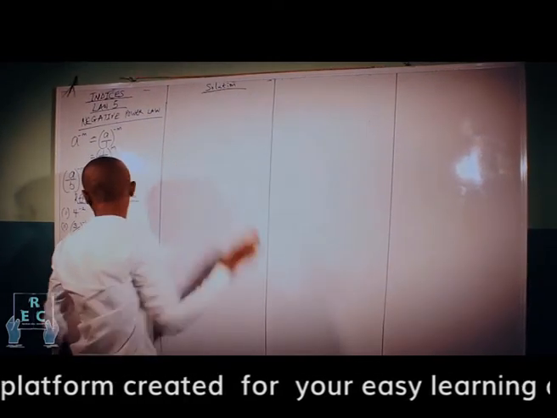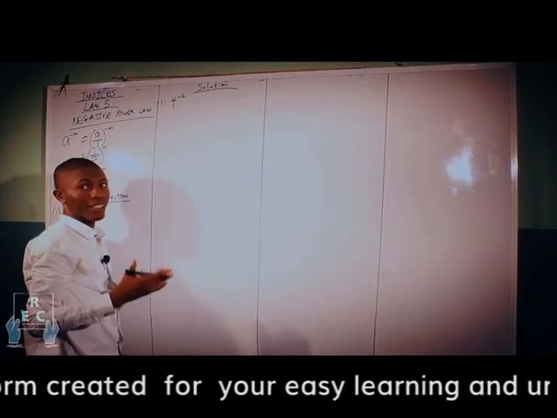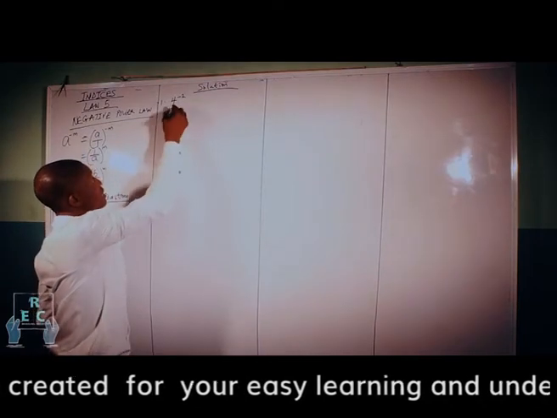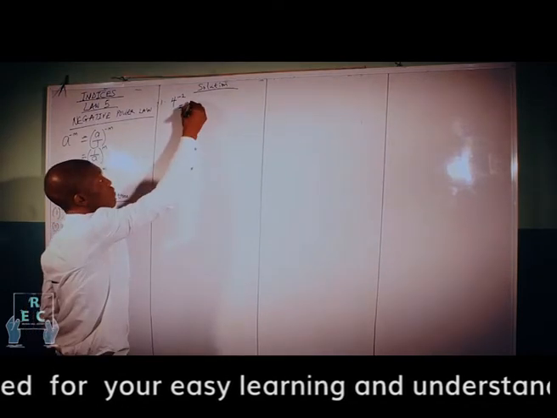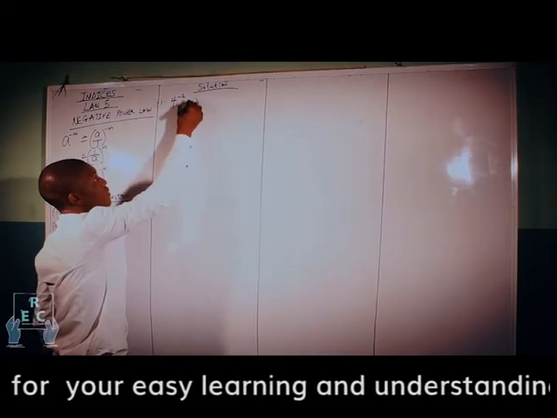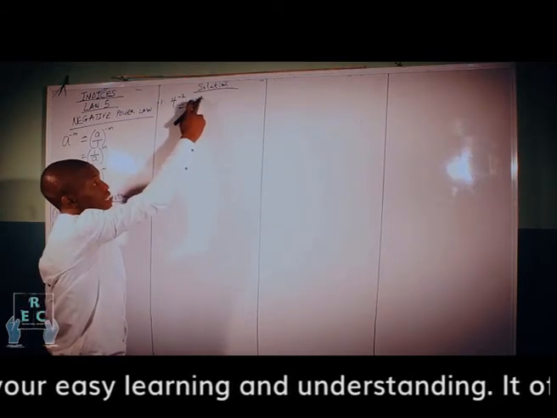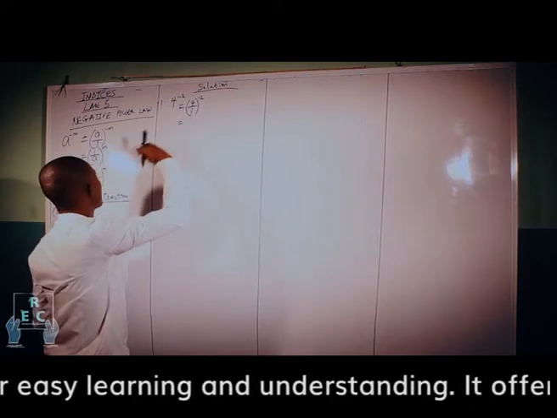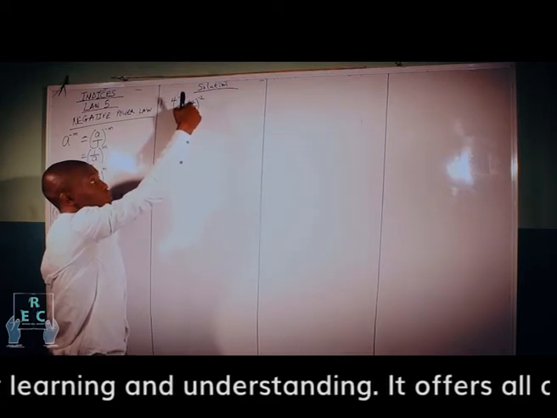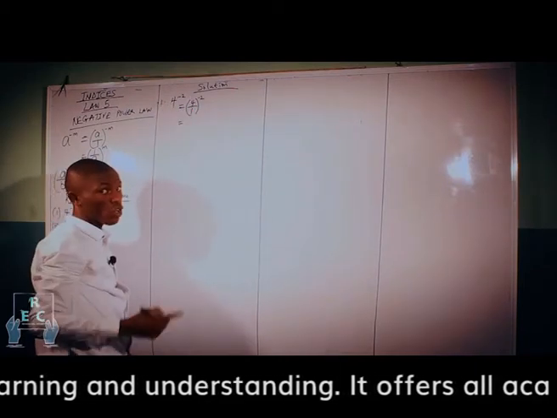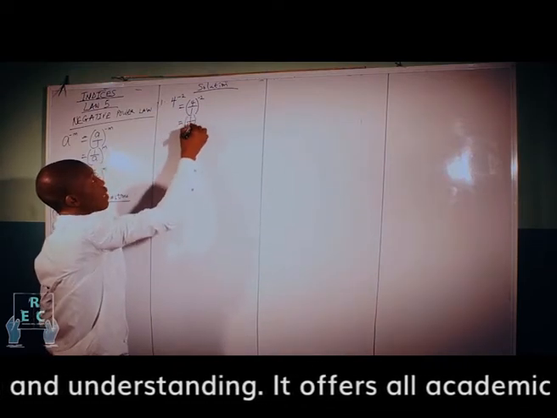Without wasting time, 4 raised to the power of minus 2. Applying this law, 4 converted to a fraction gives you 4 over 1, then minus 2. We have not removed this negative sign yet. It is still there. But what do we do now? The law tells us that you change this to its reciprocal. The reciprocal of 4 over 1 is 1 over 4, and that's 1 all over 4 raised to the power 2.